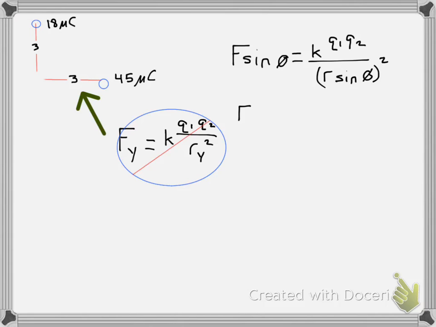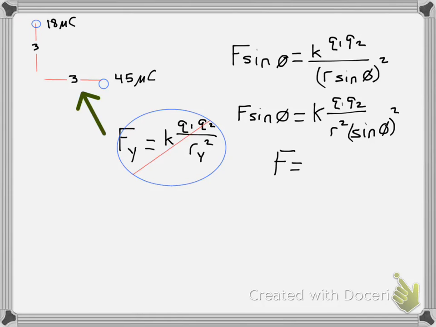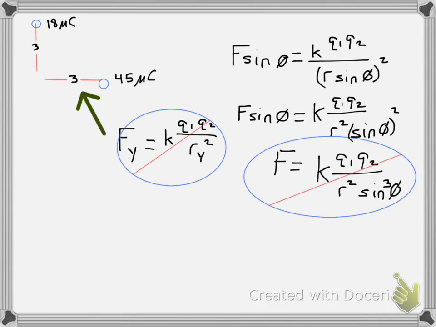So if we break down this equation to see if it's possible, we end up with something that actually isn't really likely and just kind of weird. Because then if we square the r sine theta, we get r squared sine squared theta. And then if we try to get the F by itself, we get F is equal to k q1 q2 times r sine theta over sine cubed, which is not the equation, right?